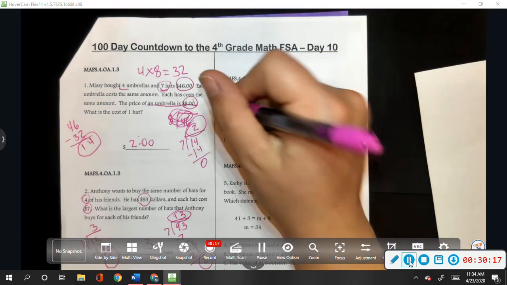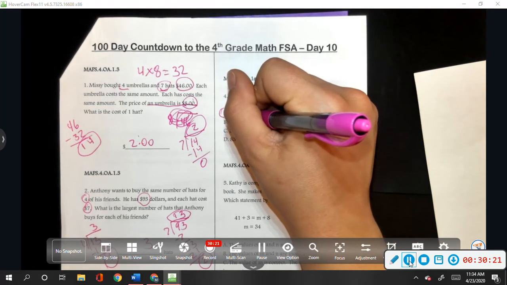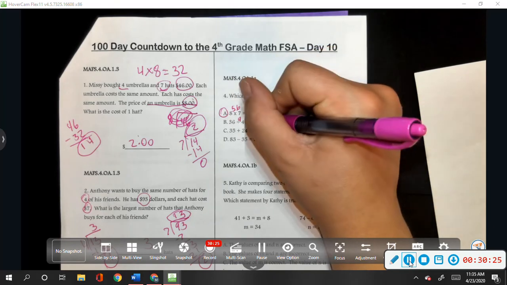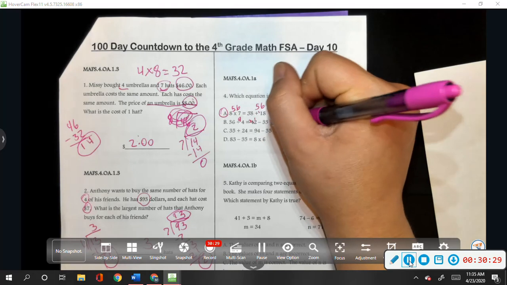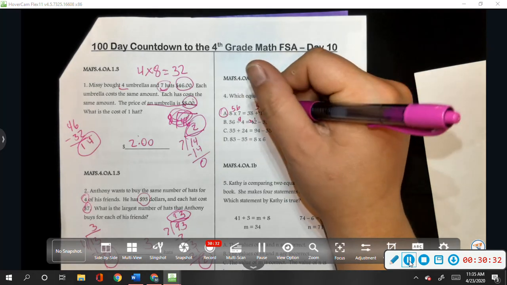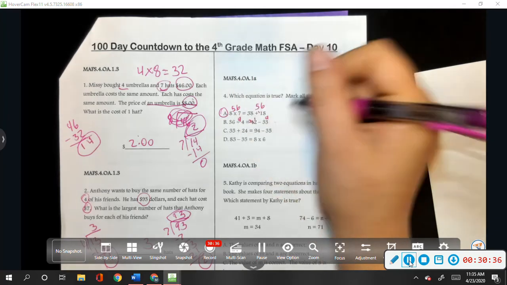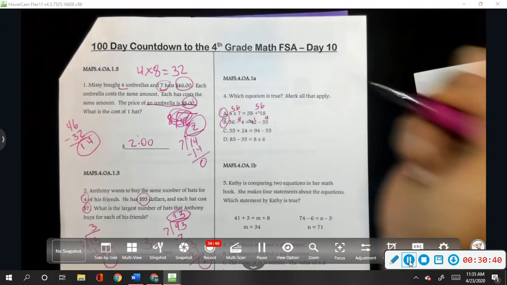That equation is true. 36 divided by 4 is 9. 42 minus 33, we're going to borrow, bring that over here. 13 minus 4 is 9. And then, oh, look, that's true.